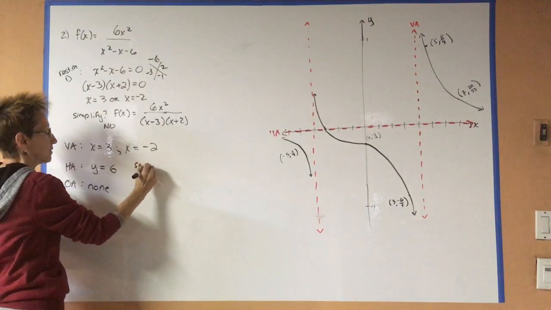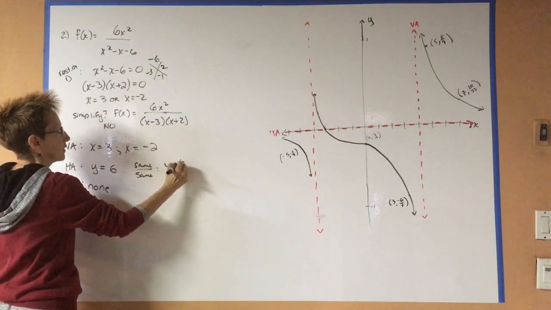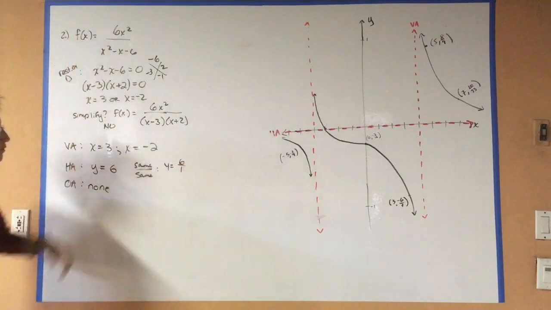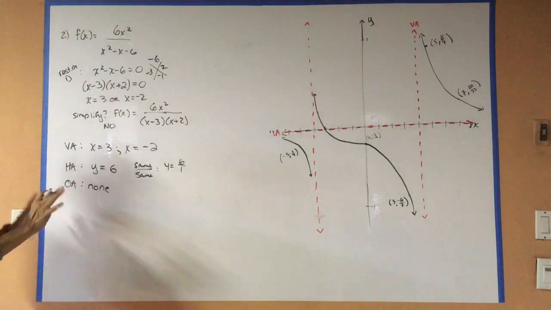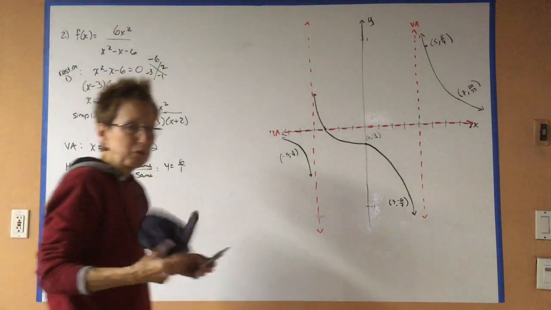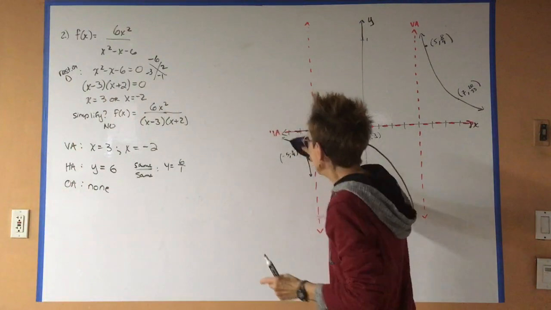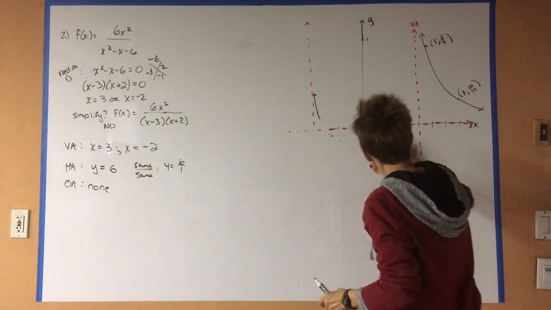So this is coming from same over same. So we do y equals 6 over 1, the leading coefficients, and we simplify it, so y is equal to 6. So there's that one, nice and quickly done. Those hopefully are going to get so they don't take very long at this point. The hard part is getting the graph actually graphed.